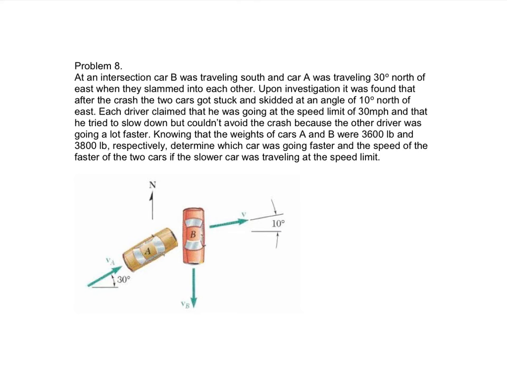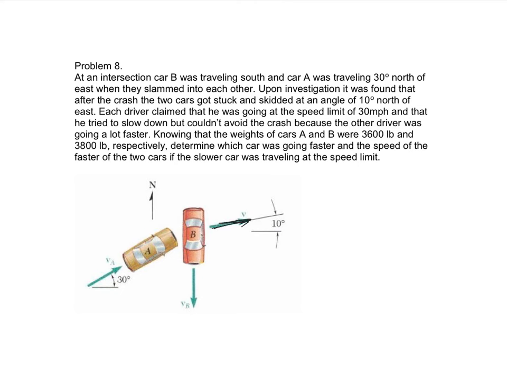All right, so another impact, collision, another impulse-momentum problem. In an intersection, car B was traveling south, car A was traveling 30 degrees north of east when they slammed into each other. Upon investigation, it was found that after the crash, the two cars got stuck together and skidded at an angle. Both of them went together at this angle of 10 degrees north of east.